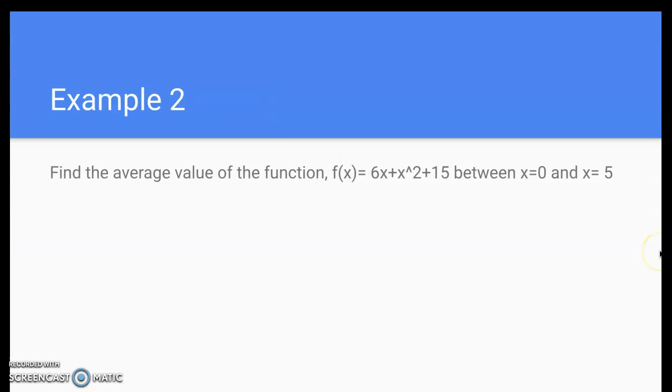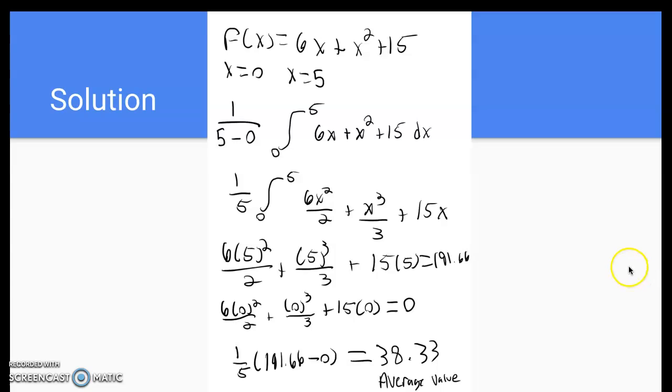Now this next one is a simple function problem. We just want to find the average value of the function f of x equals 6x plus x squared plus 15 between x equals 0 and x equals 5. Start with our base function here, 6x plus x to the second plus 15.